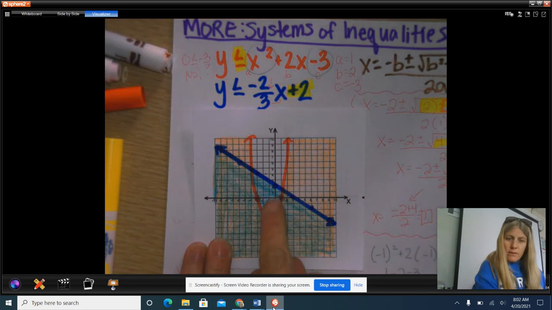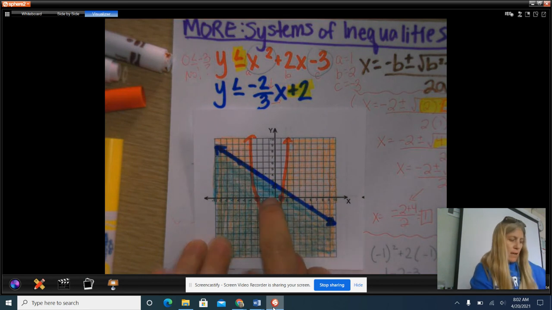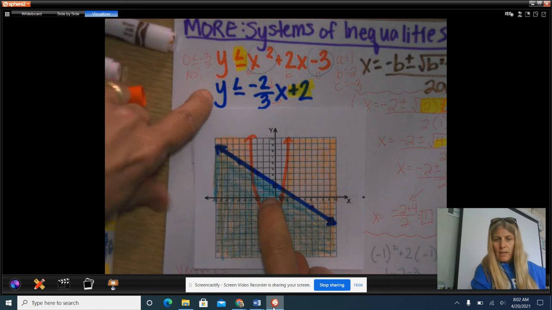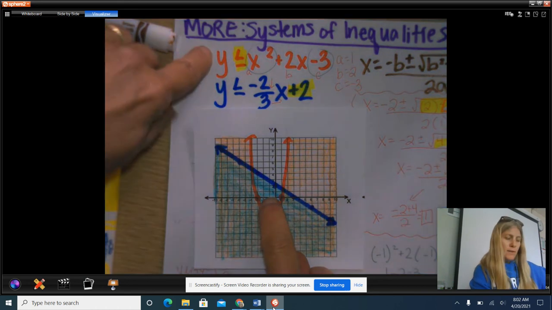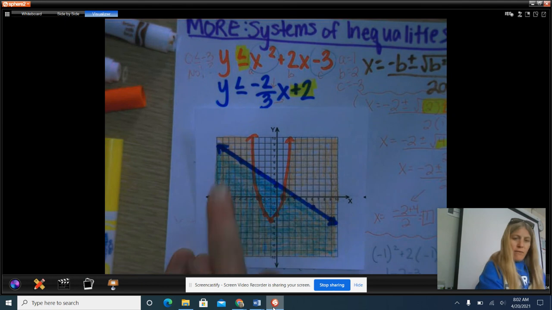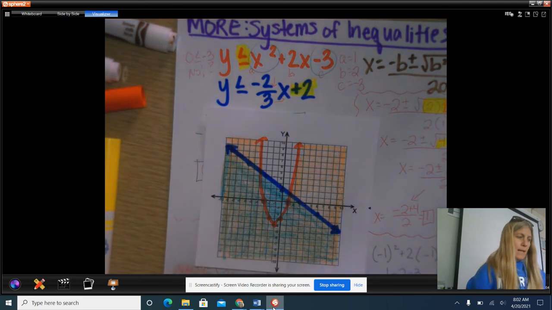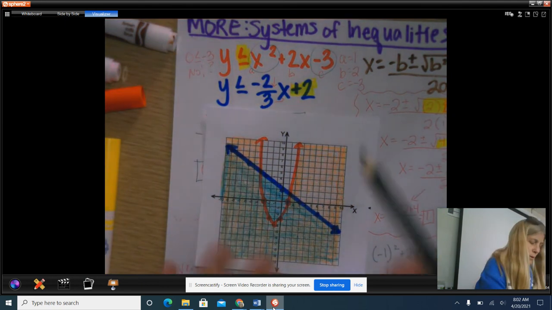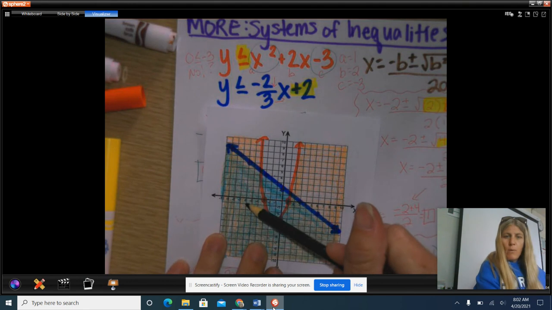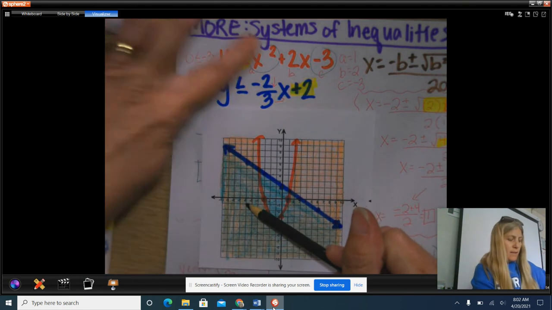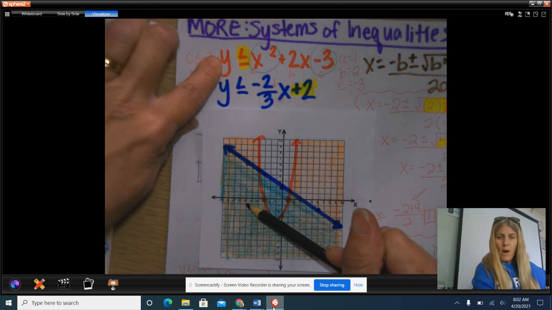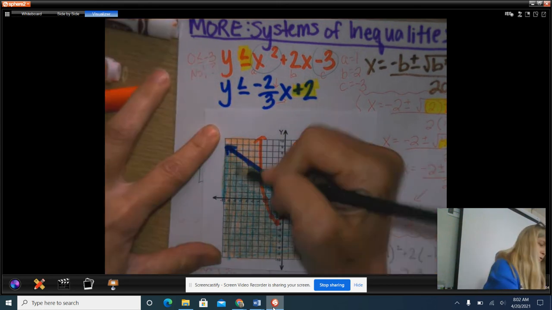Anything in this little part of the parabola here that is just blue is going to make the blue equation true when I plug in the ordered pair for x and y, and it's going to make the red false. However, anything that is my double combined area, for example, the point (-6, -1), when I plug in a -6 for x and a -1 for y, it's going to make both of those true.